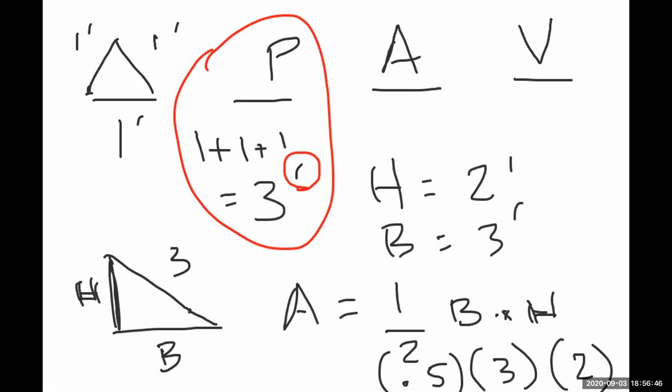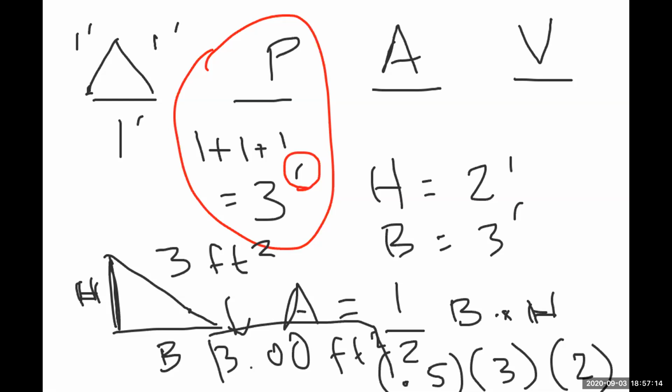So this would be 3 square feet. That would be your answer. The true answer, we always like to have 2 decimal places in civil. So actually the true answer would be 3.00 feet squared. Okay, it's more exact. Okay, so that's the area.